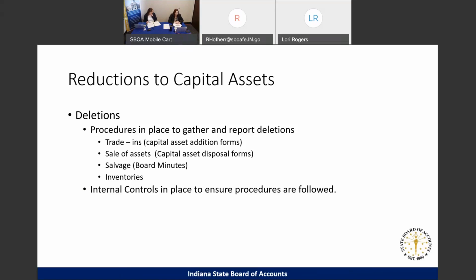And finally, you can try to rely on those biannual inventories to weed out the assets that no longer belong to the county. Print out the department's assets, have them review them, and tell them what they still have and what they don't have. Okay, and oh look, those clever little internal controls just managed to sneak in on another slide. Make sure you have controls in place, that whatever procedures you establish are being followed.